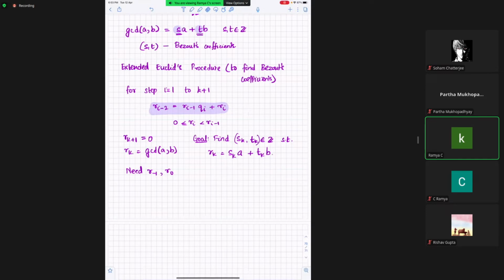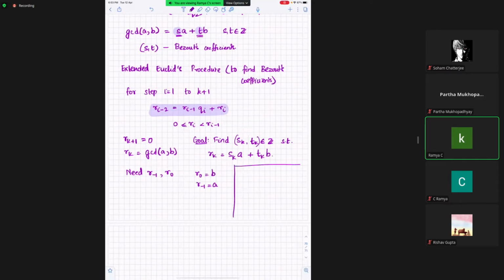So that we have to define. So that is something you have to remember. So let us just define R0 to be B and R minus 1 to be A. So here is the procedure. You say R minus 1 is A, R0 is B. These are the initialization steps that you do.